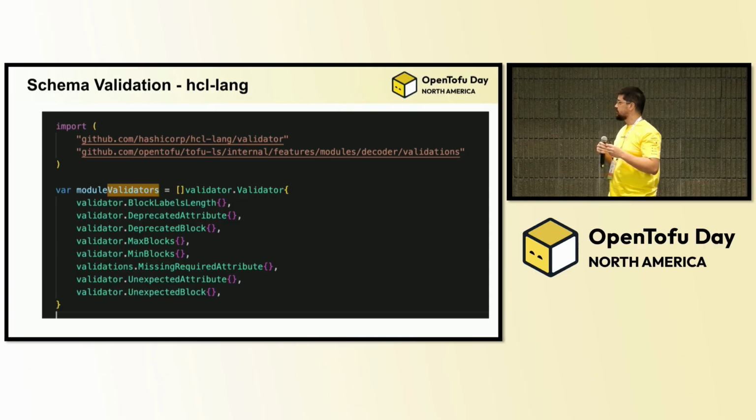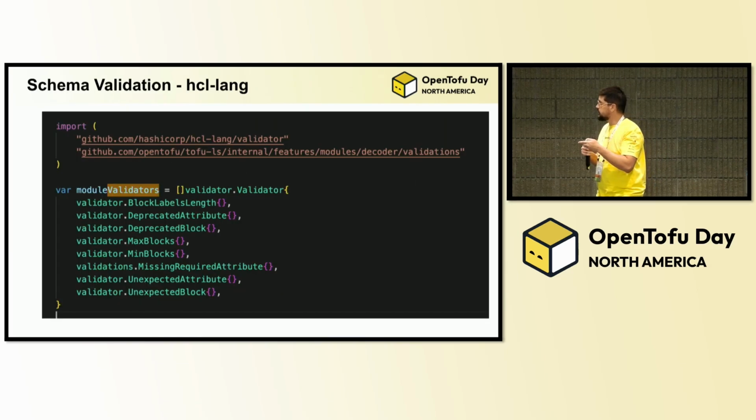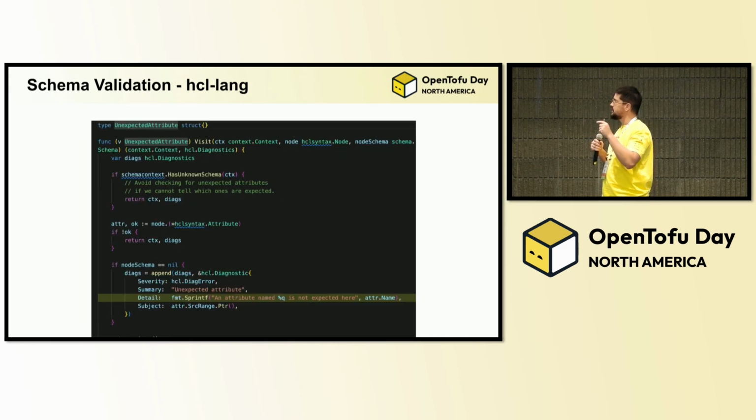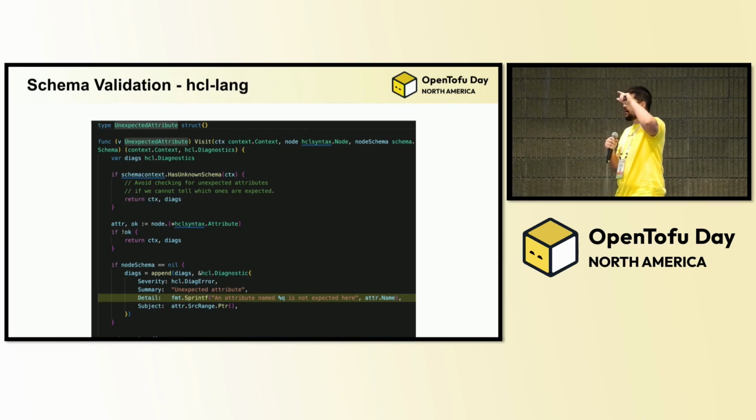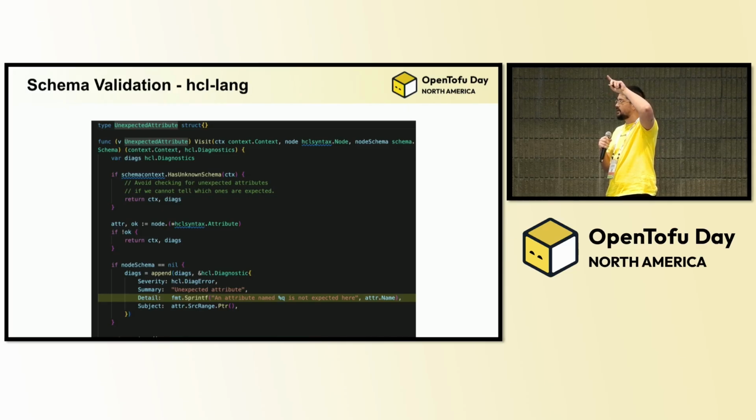In this case, you could see a message with an unexpected attribute. All these validators that I mentioned before, the min blocks, max blocks, missing required attribute, all of them implement a method called visit, and all of them are going to be run when you are traversing the tree.